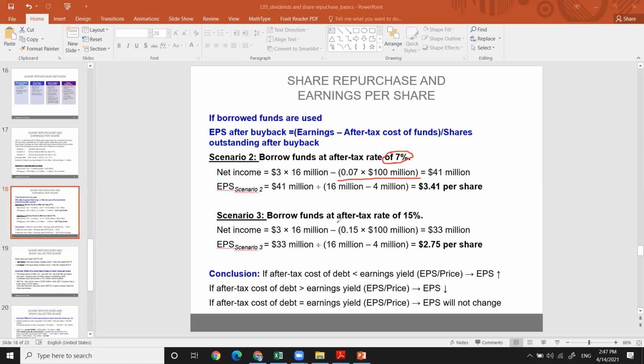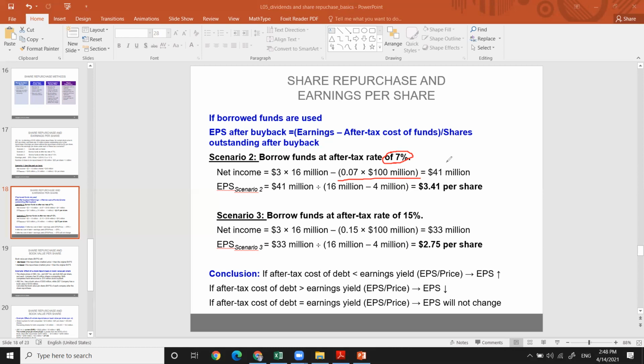So from the income statement structure, we know that in order to derive the net income, we need to, first of all, from EBIT, from earnings before interest and tax, subtract the interest in order to come up with the net income itself. So this way we get the net income. From this we subtract it, and the rest is same, like 7% all out of the money that we are borrowing. We are borrowing $100 million to repurchase 4 million of shares.